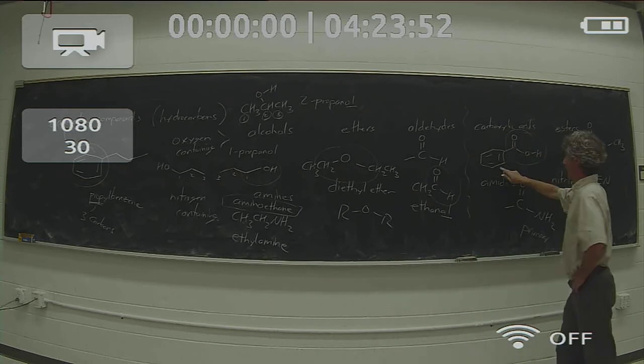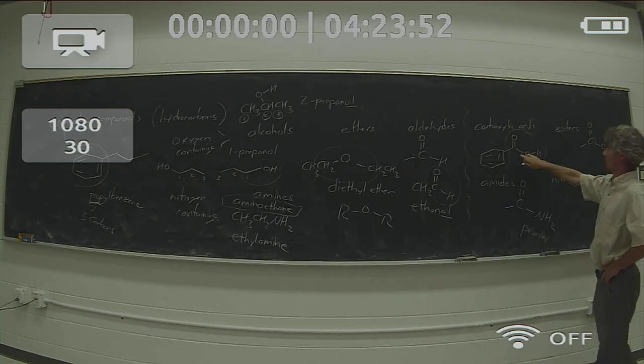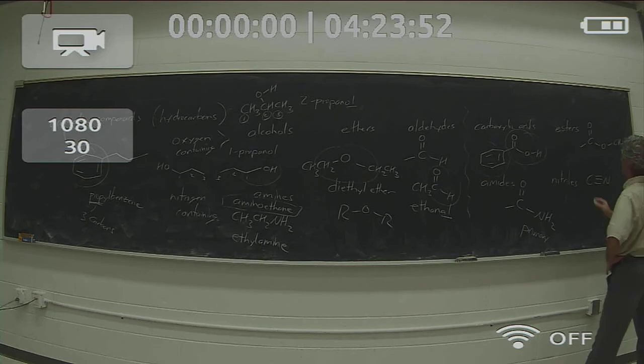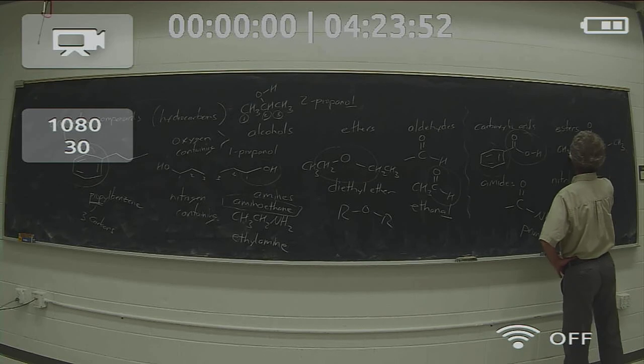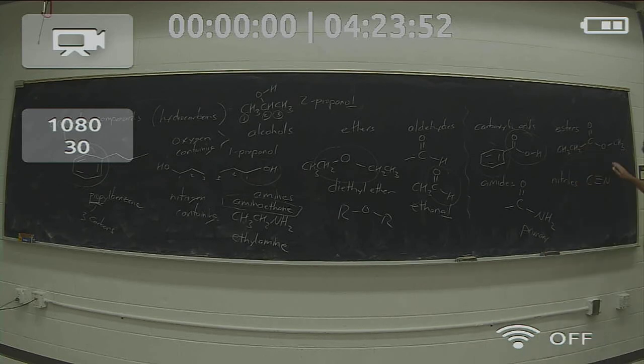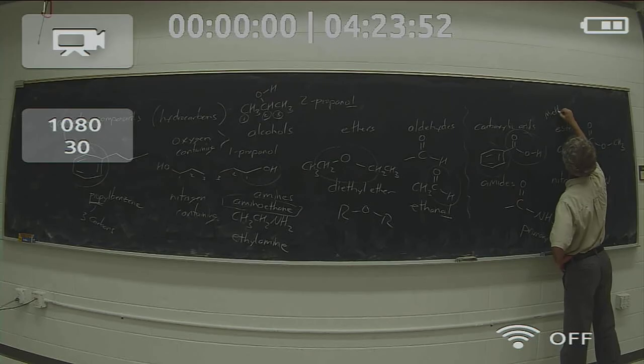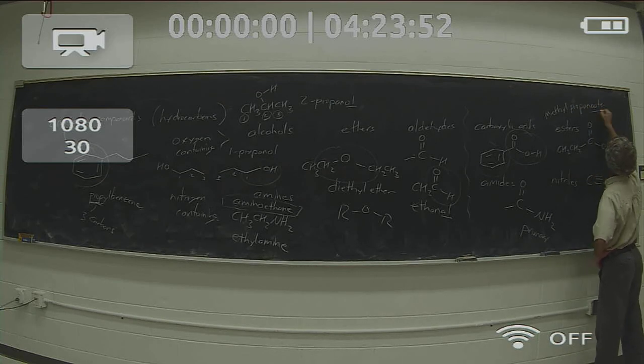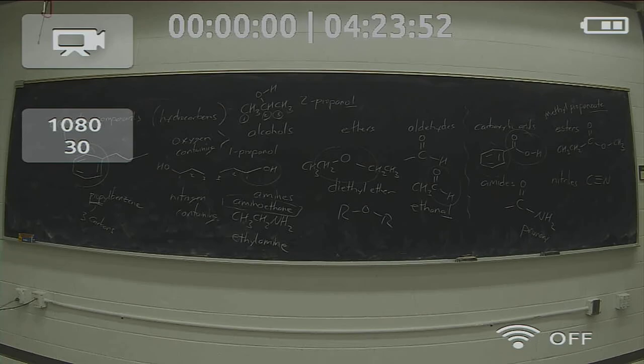This is both an aromatic compound and a carboxylic acid. Esters have an R group attached to a COOR. This would be methylpropanoate, where we take the OIC for the acid off and put an ATE ending, indicating that it's an ester.